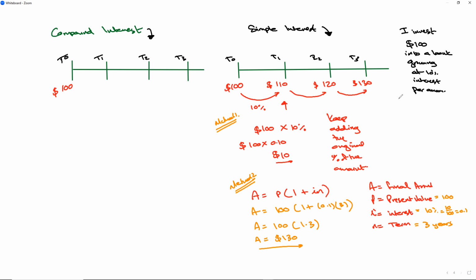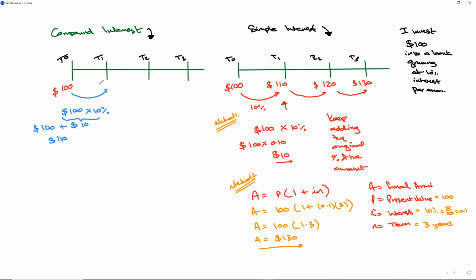Now let's have a look at compound interest, and we can see the exact difference between the two. Okay. With compound interest, we start off with $100. In the first year, we take $100 and we multiply it by 10%, which comes to $10. And then we add that back onto the $100. So this amount is $10. And so that comes to $110.